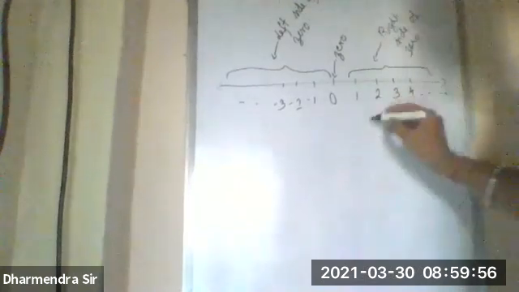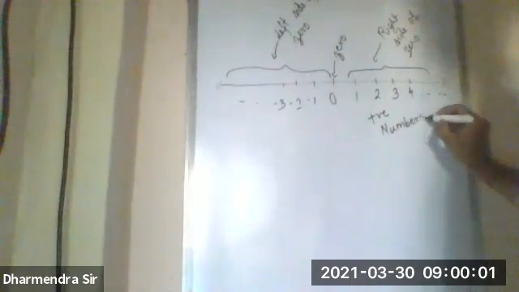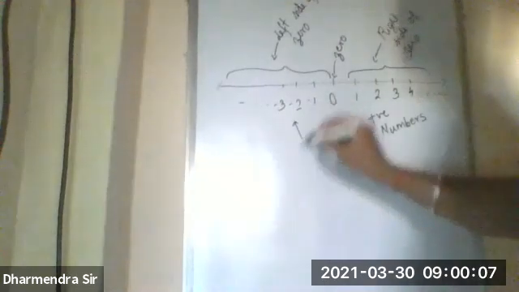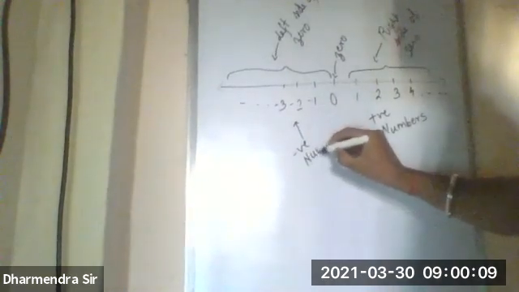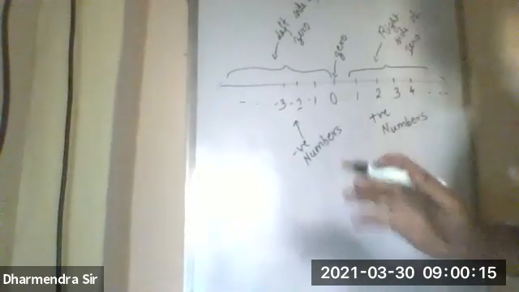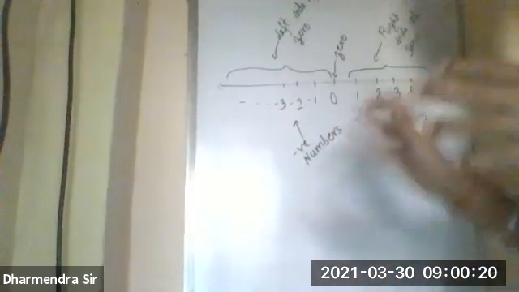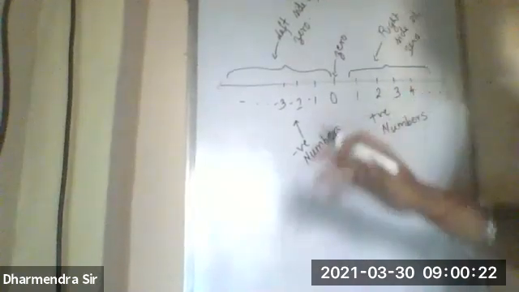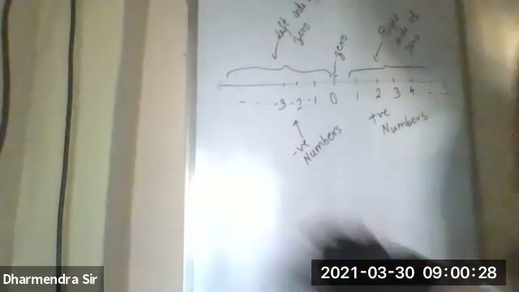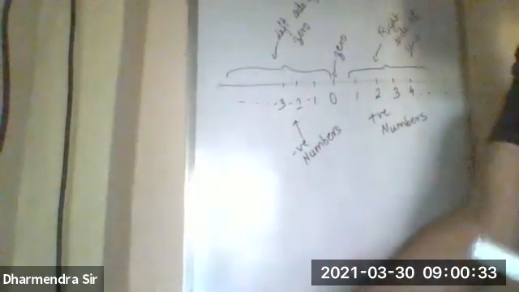The right side of zero has all positive numbers, and the left side of zero has all negative numbers. Till now, we know this concept. As we are doing revision, you know all the stuff, but I'm talking about what you have done in your earlier class. In 8th standard, we have studied about the number line. So after this, how did the origin, the x-axis and the y-axis come into existence?